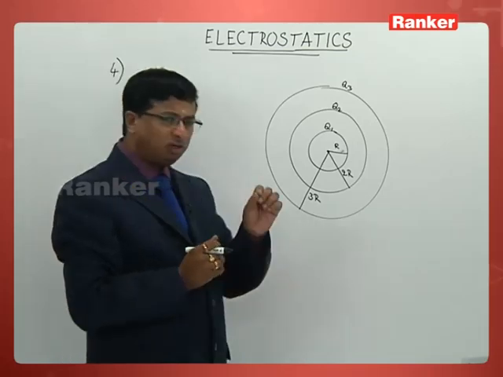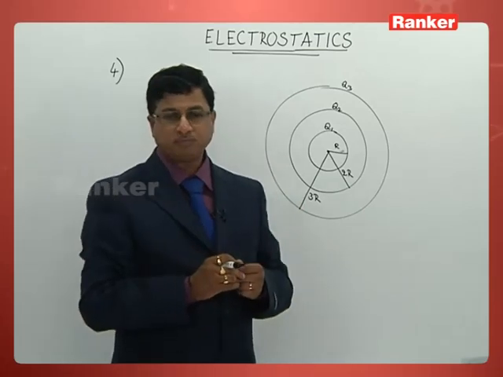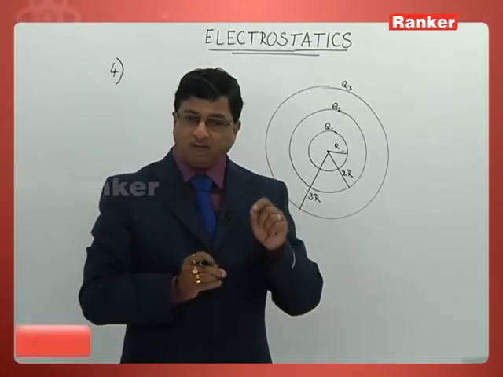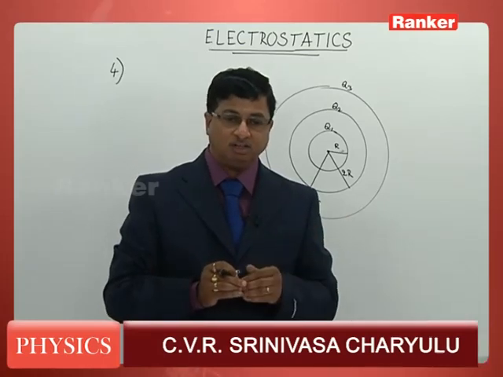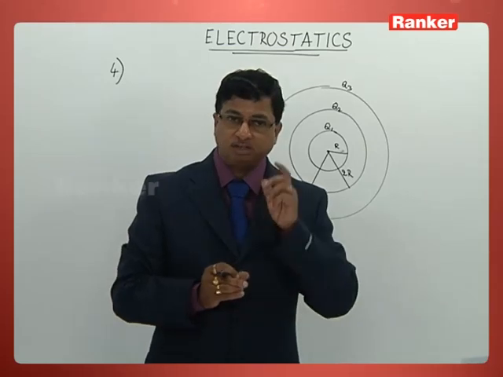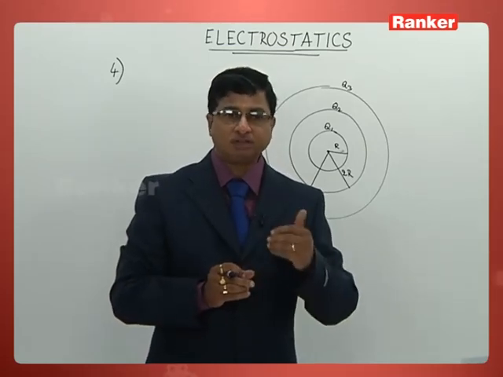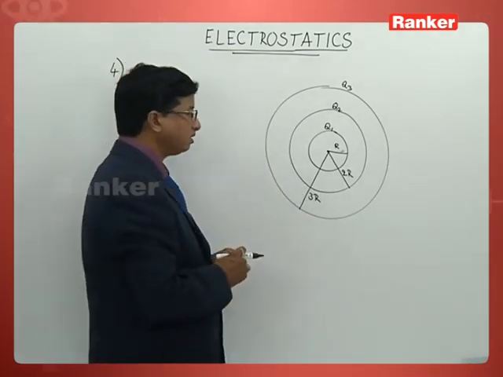He has given a wonderful clue here. What is that clue? The surface charge densities on the outer surfaces of the shells are equal. That is the concept. So what should we understand out of this?